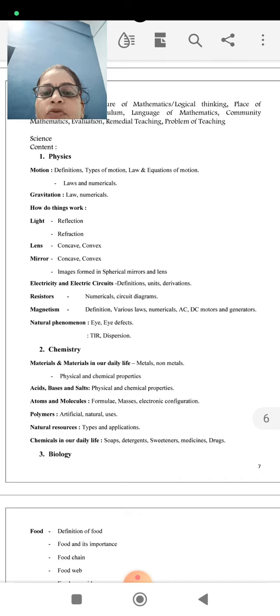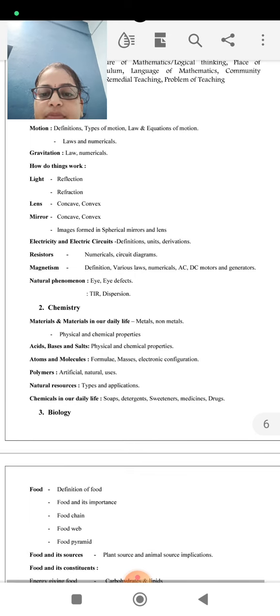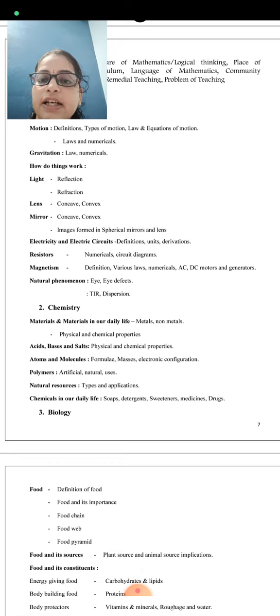Next, if we move on to chemistry, in chemistry we have materials and materials in our daily life. This is one topic. In this topic we have to learn metals and non-metals, and their physical and chemical properties. We are learning the physical and chemical properties of metals.